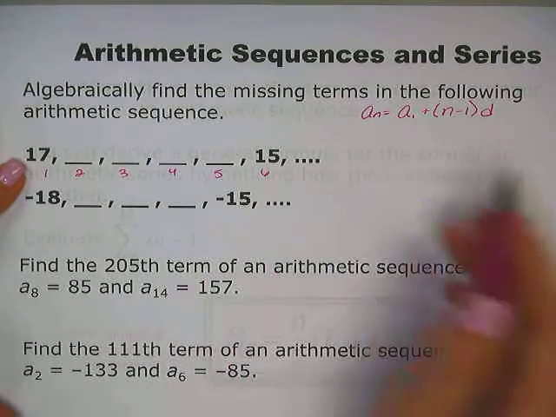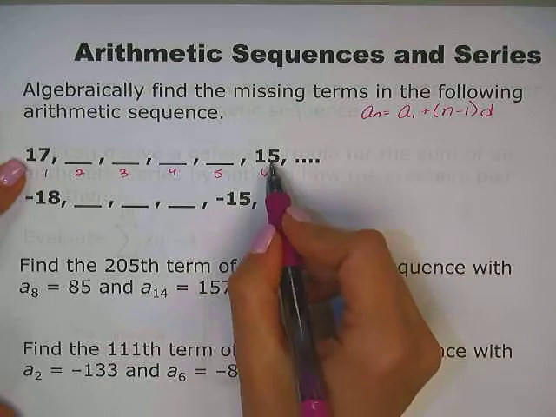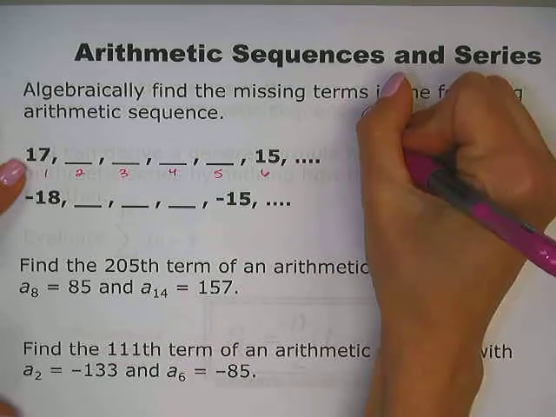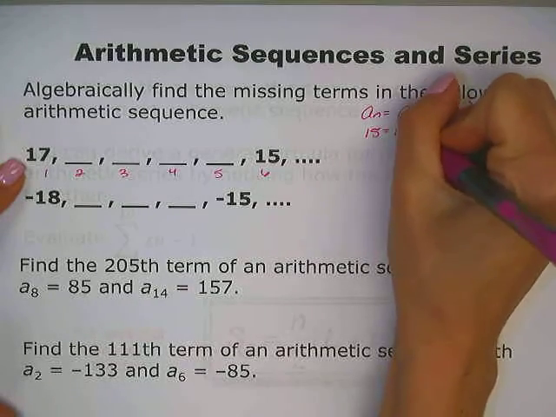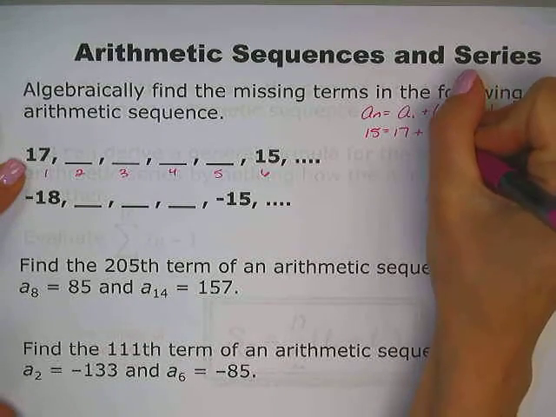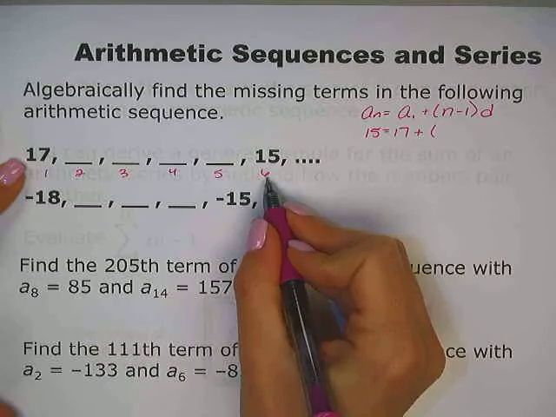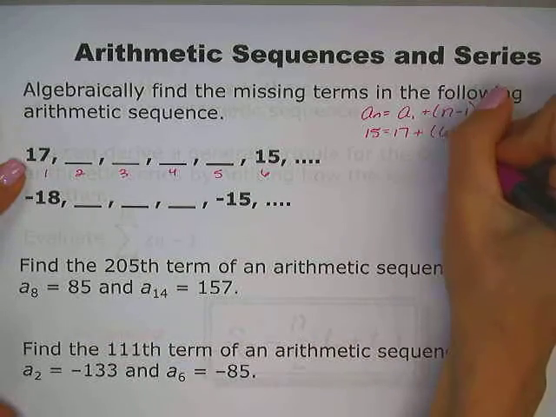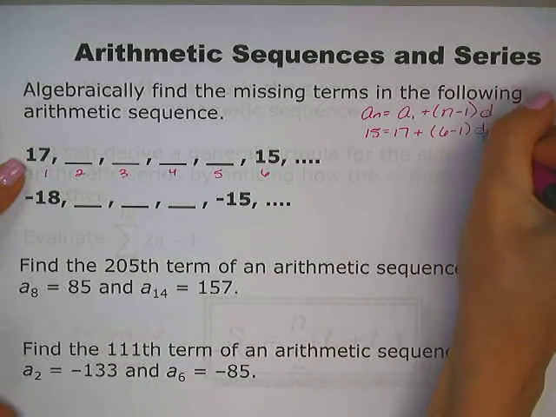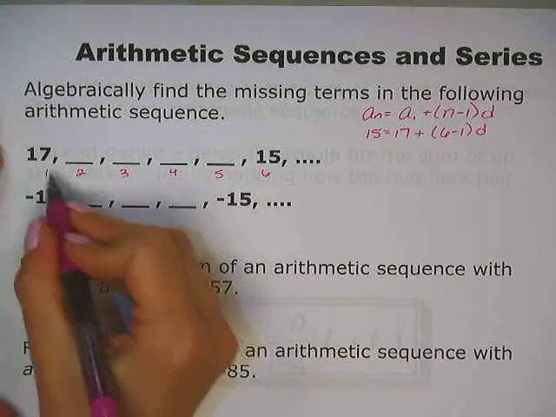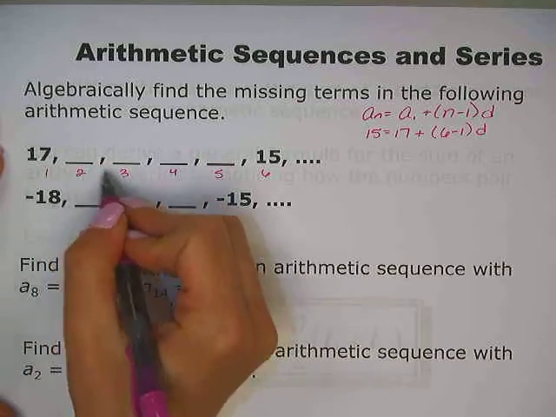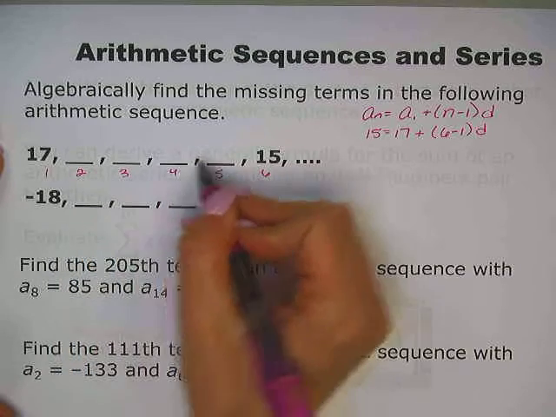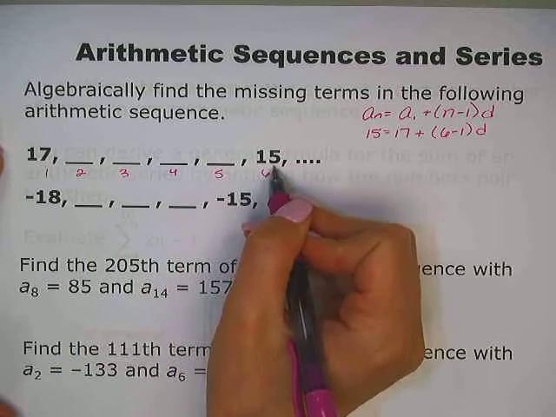So I've got a sub n. In this case, I'm going to use the sixth term. So a sub n is 15. 15 equals 17 plus, again, I'm using the sixth term and the first term, so 6 minus 1 times the common difference. In other words, there's going to be 5 common differences between these: 1 common difference, 2, 3, 4, 5 common differences.